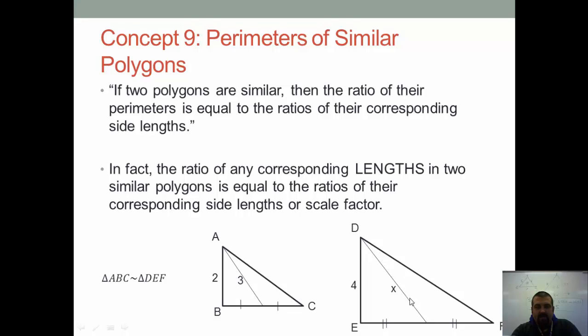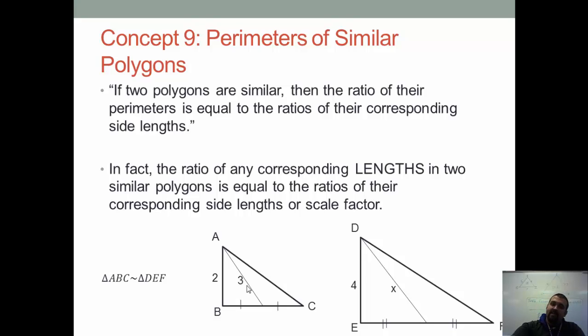This median goes from D to the midpoint and it's X. This would have to have the same exact ratio because they're corresponding lengths of similar polygons. Any corresponding lengths will have the same ratio as the scale factor or the same ratio as corresponding sides. Whoa. If you're looking for any length of similar polygons and you know the scale factor, you should be able to find them.